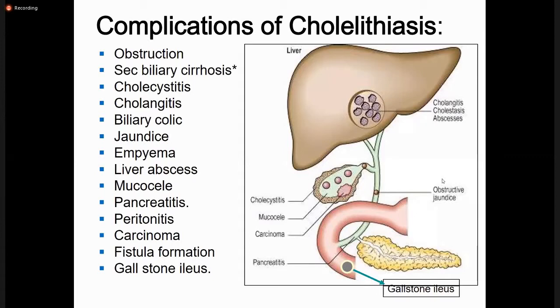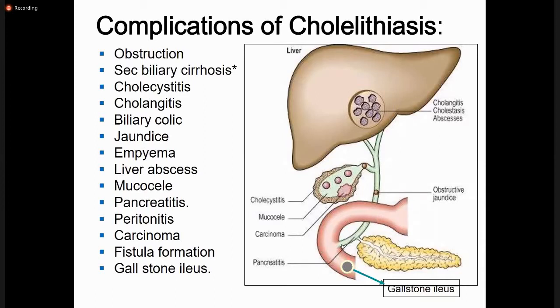Intermittent obstruction in cholelithiasis actually occurs because the stone might be small. It is not necessary that the stone is very big and will just go and stick over here. There might be a small stone which may trickle, and sometimes it will come and obstruct this and cause retrograde obstruction and cause jaundice.